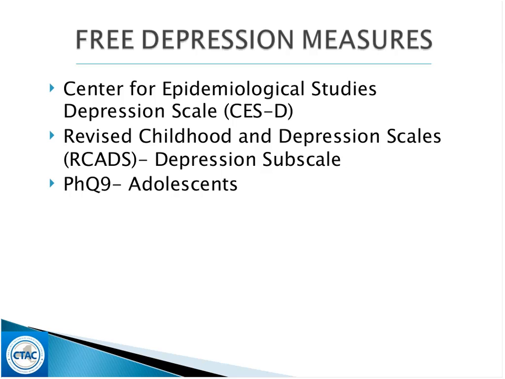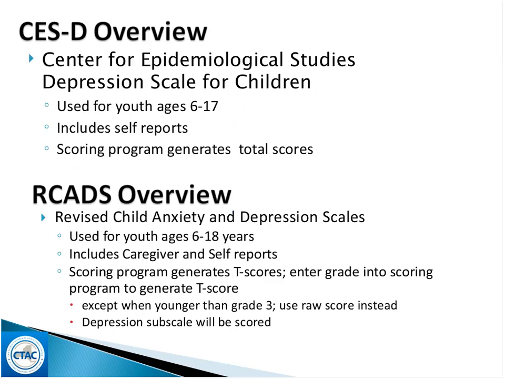And what's really important here is not just to say, okay, let's just pick the one that's the shortest, or pick the one that we already have access to, although that would not be a problem. It's really to be able to say, what's going to work for this particular client that I have? So for instance, the CESD may be appropriate for a broad range of kids. It includes self-reports. It gives you total scores for depression.